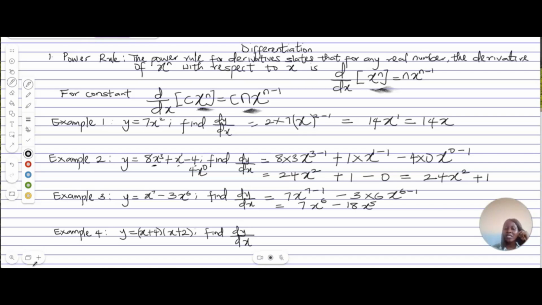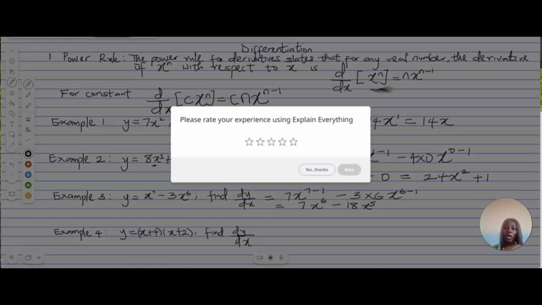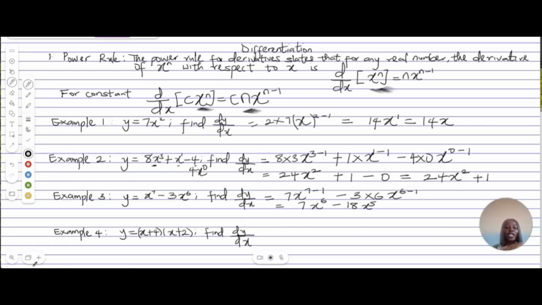In the case for this now, it is advised that you first multiply this bracket out, get an answer before you start doing the derivative, because if you are to use another method to do that for power rule, it won't work. It won't work at all. So let's quickly do that now.